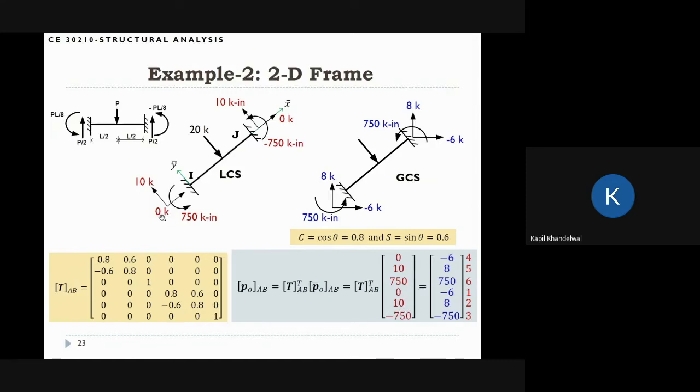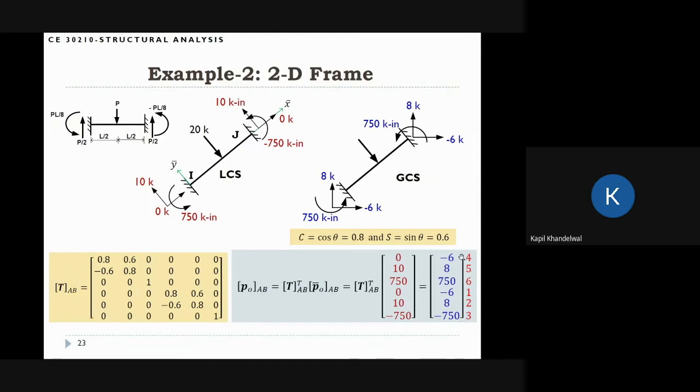So you can see that this is 0, 10, 750, 0, 10, minus 750. And we are going to multiply with this T transpose matrix for this member, and we get the numbers in the global coordinate system. In the global coordinate system, again, this is PXI, PYI, MI, PXJ, PYJ, MJ.